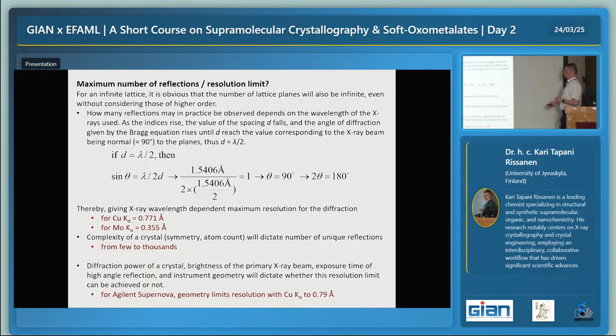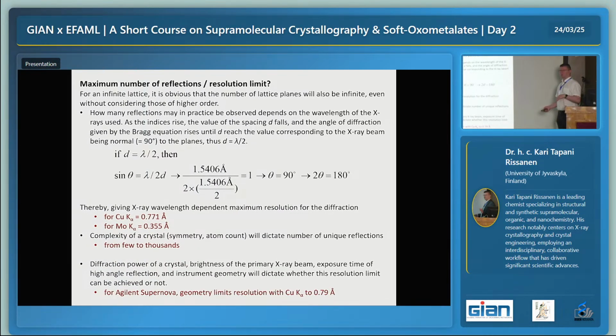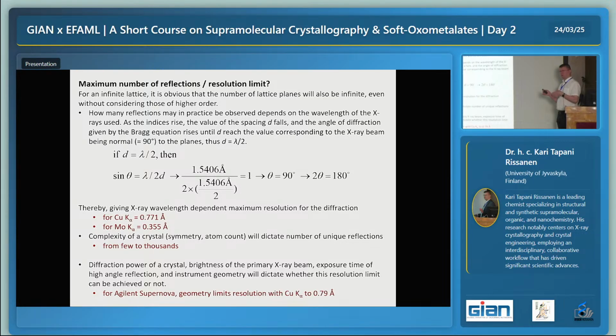But the point this leads to, we will discuss the symmetry of the crystals later, is how much information we can get out from there. That depends on, and later on we can calculate it, but it's from a few to thousands or tens of thousands. And that is the mechanical thing we have to do. We have to be able to measure each and every one of them.